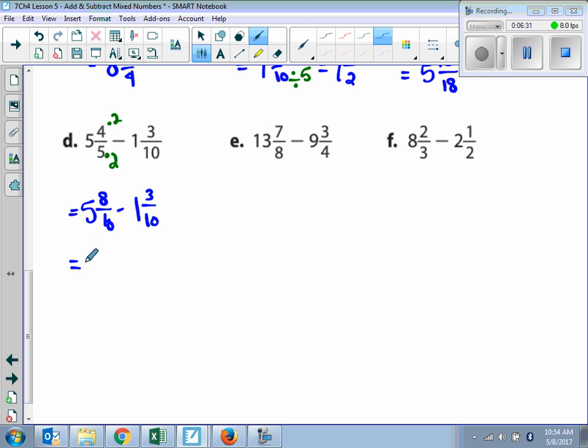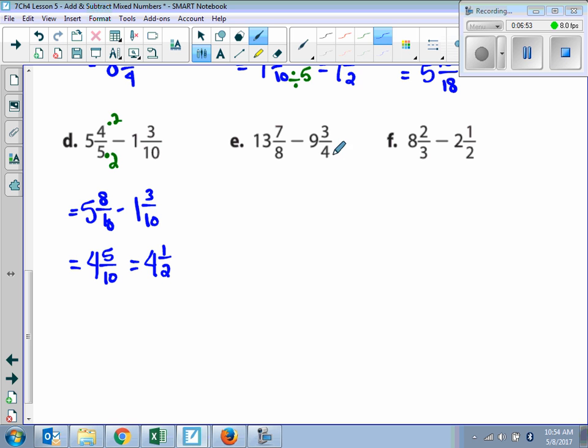When we subtract the whole number parts, 5 minus 1 is 4. And then 8/10 minus 3/10 is 5/10. Dividing by 5 in the numerator and denominator gives us 4 and 1/2. Got it?